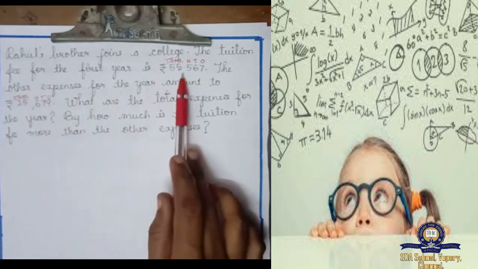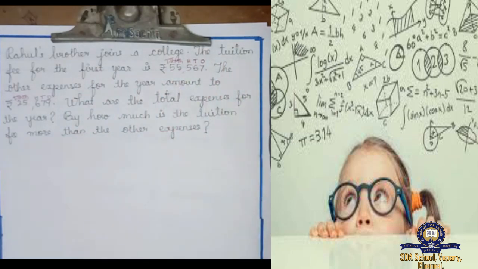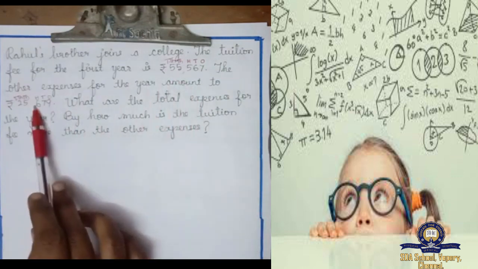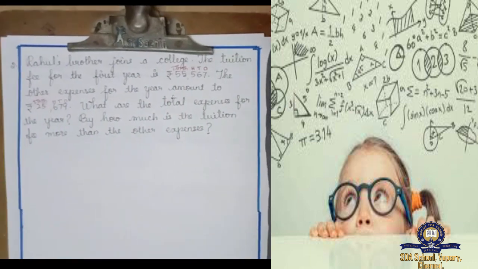Which one is greater? Of course the tuition fee is greater. So by how much they have asked, what we have to do? Same like the first sum. Yes, we have to subtract. Okay, so which one will become a minuend? This will become a minuend and this will become a subtrahend. Okay, so we'll just find out the answer for the first question.